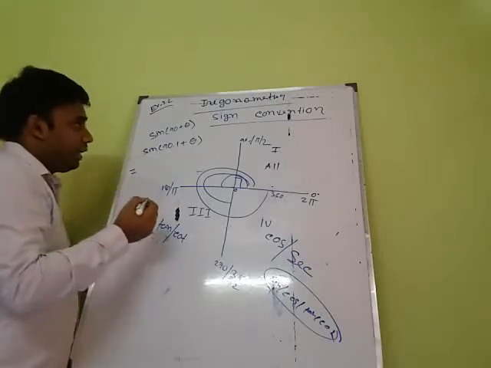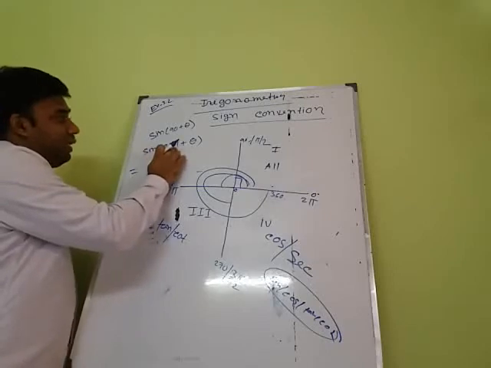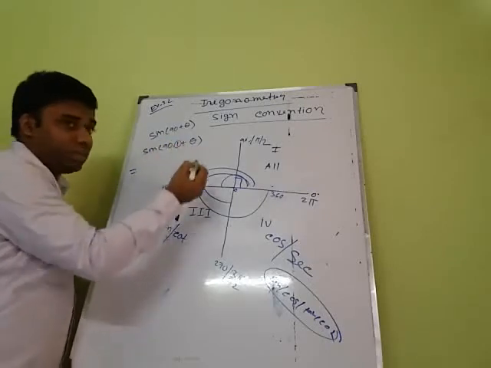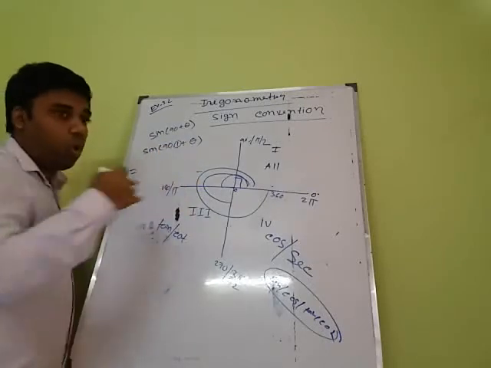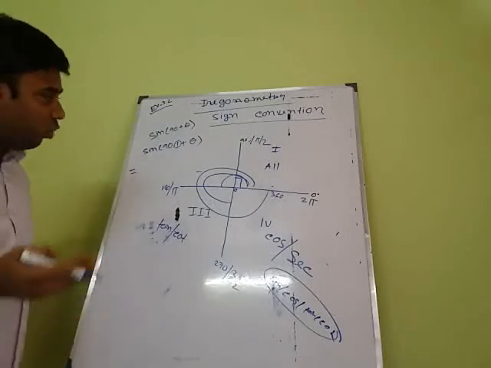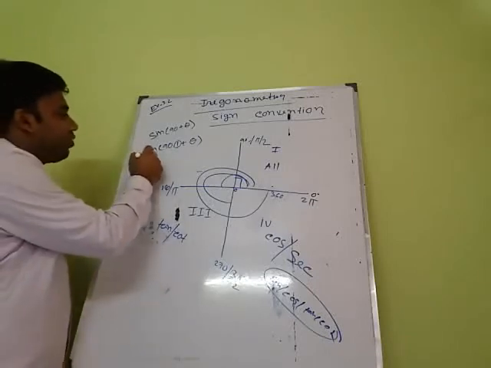Now if that 90 into something is an odd number, then that ratio converts into another ratio.